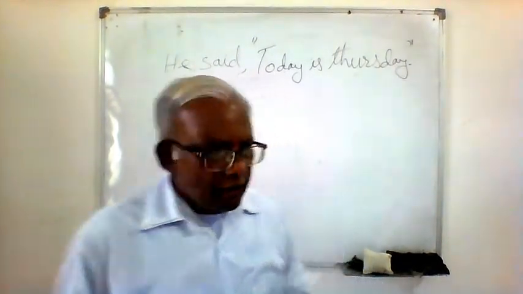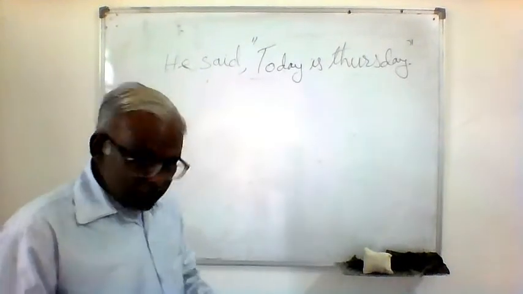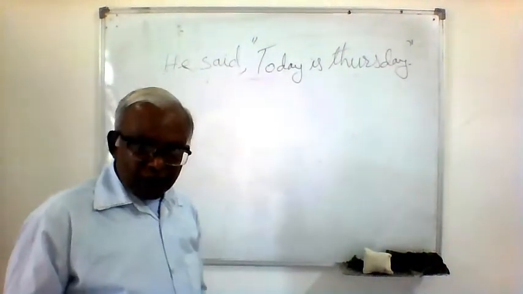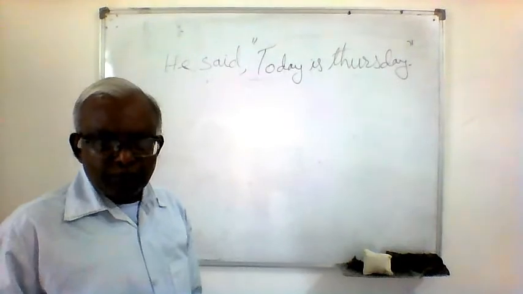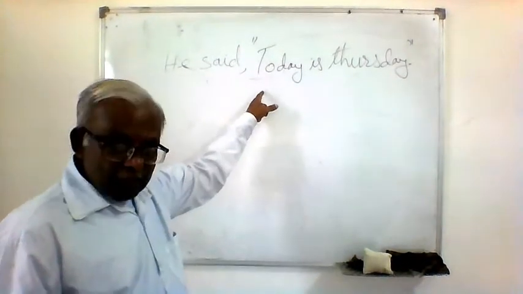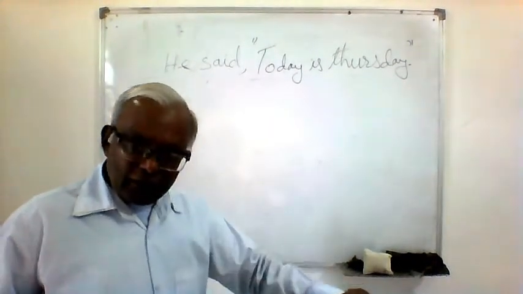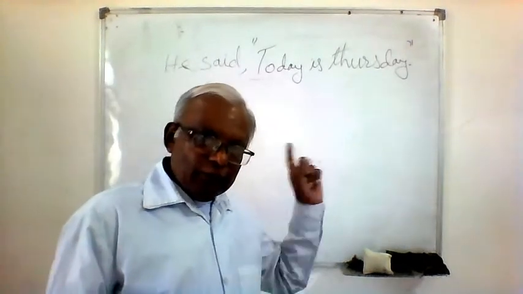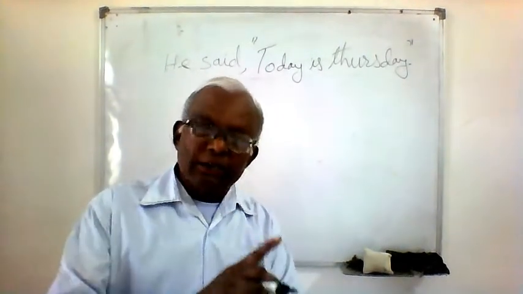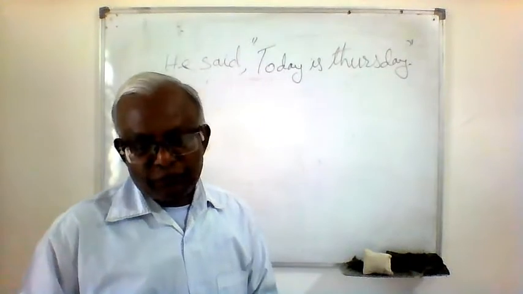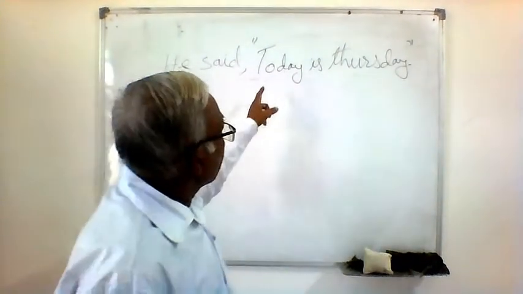Meaning thereby, if today I said today is Thursday and you are reporting it tomorrow, naturally today is no more the right word. To refer to this word, you will have to have another word, a word of distance, to convey the same meaning.